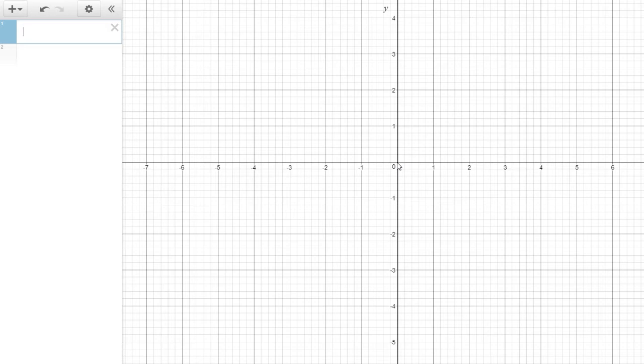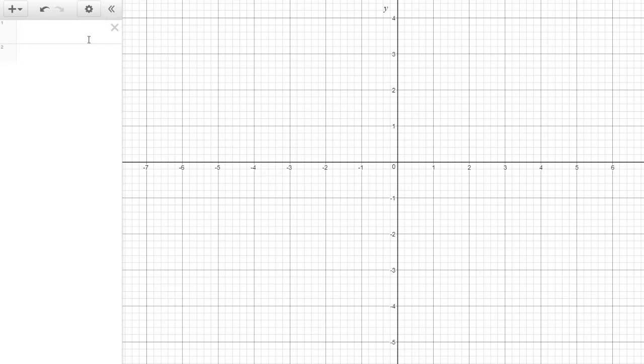Let's imagine you were to go along one and then up one, so that point would be on the line. If you went along 2 and up 2, that point would be on the line. Up 3 and along 3, that point would be on the line. So the points on the line are every point where the y value equals the x value.